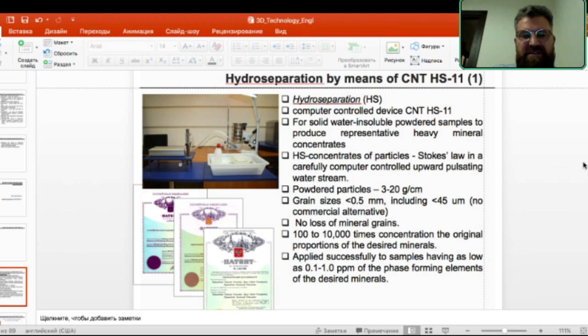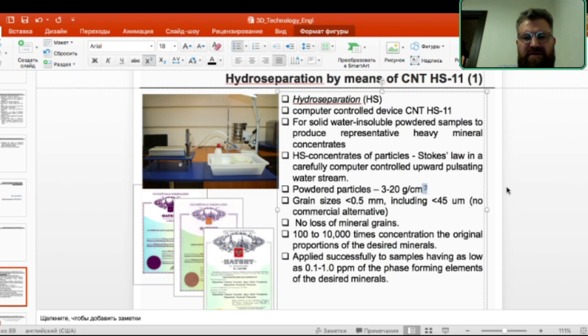So we can apply Stokes law in a carefully computer-controlled upward pulsating water stream to separate these particles in a range between 3 to 20 grams per centimeter cubed. Once again, that's a mistake here. So we put here 3.